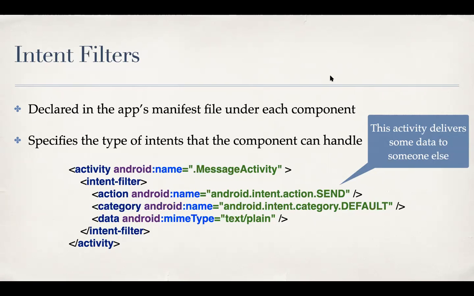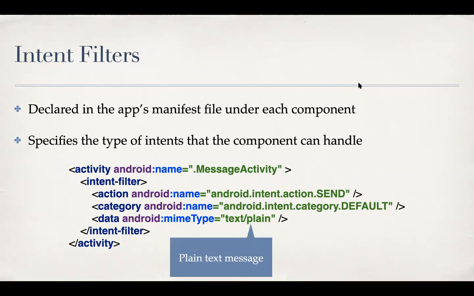So any kind of sending data from here to there is handled by this particular action. And then you can specify what that data is using some of the other descriptors. In this case, we have the MIME type, which says it's plain text. So now this activity is going to handle only text messages.